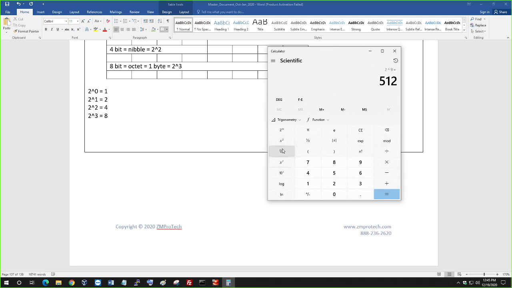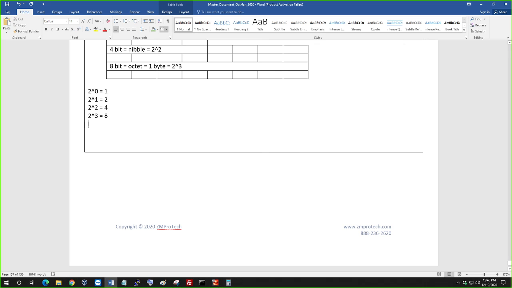Okay, so 2 to the power of 10 is 1 kilobyte. Okay, 2 to the power of 10 is 1024.